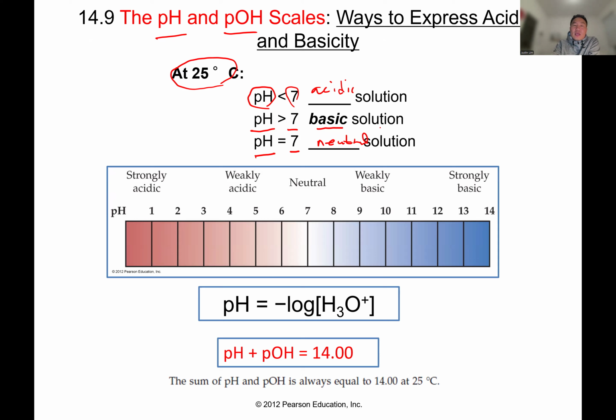You can calculate pH values: pH equals negative log concentration of hydronium. Also, you need to memorize the defined relation pH plus pOH equals 14.00. Also, memorize pOH equals negative log concentration of hydroxide ion. Okay, three defined relationships to memorize.